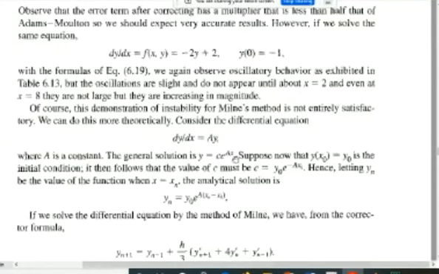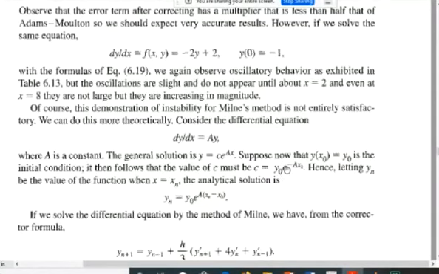And we want to discuss stability in this case. Suppose now that y at the initial point, y(x0) equals y0, is the initial condition. It then follows that the value of c must be obtained from the initial condition, or from boundary conditions in partial differential equations. c equals y0 e to the minus a x0.